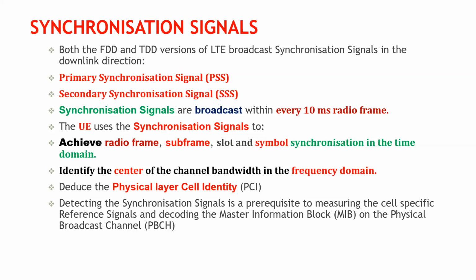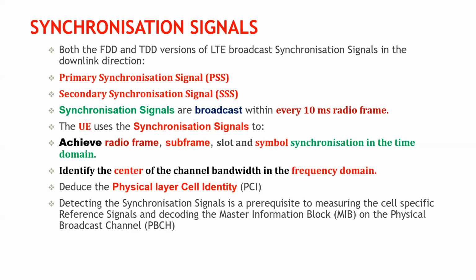It is also used to identify the center of the channel bandwidth in the frequency domain, and to deduce the physical layer cell identity. Detecting the synchronization signals is a prerequisite to measure the cell specific reference signals and decode the MIB, that is the master information block, on the physical broadcast channel.